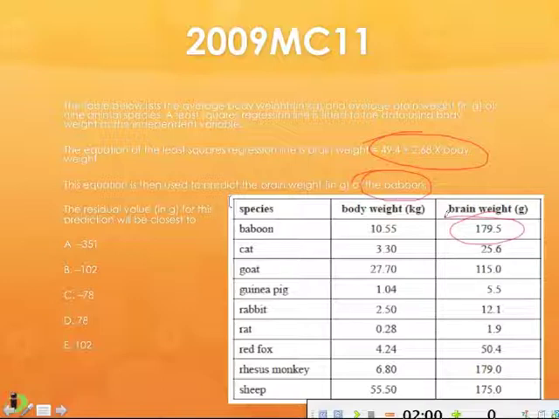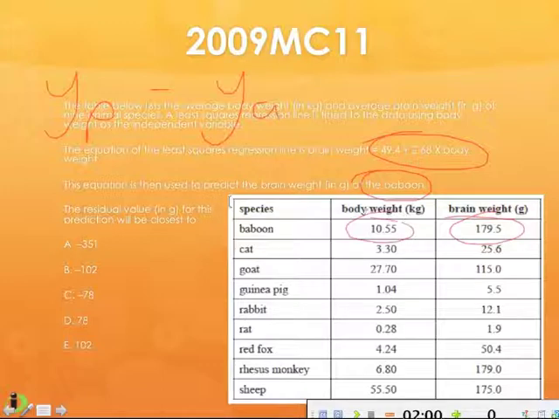Now, residuals are the y predicted minus the y actual. I'm sure it's that way around. So if you sub in that 10.55 into that equation, you'll come out with a predicted brain weight. Then you get the original brain weight and do your predicted value minus your actual value.